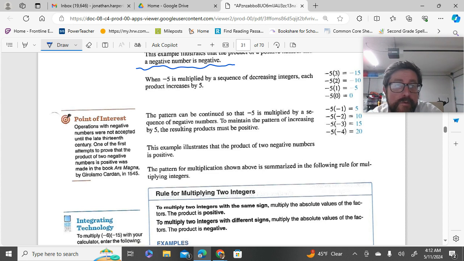One of the first attempts to prove that the product of two negative numbers is positive was made in the book Ars Magna by Girolamo, in 1545. Wow. That's actually a long time in history to go without even knowing that a negative times a negative was a positive.